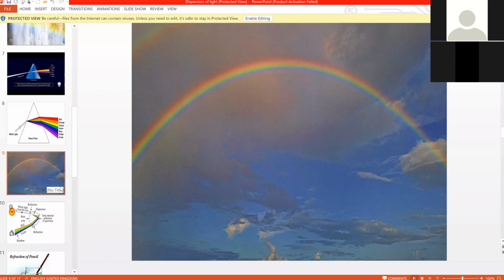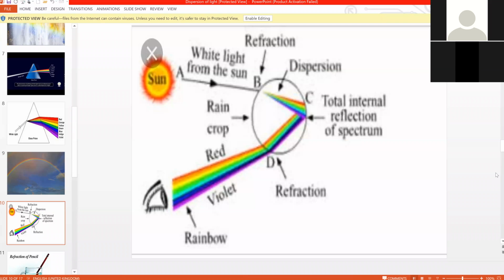This round circle is one drop of water. Let us consider it as one raindrop.